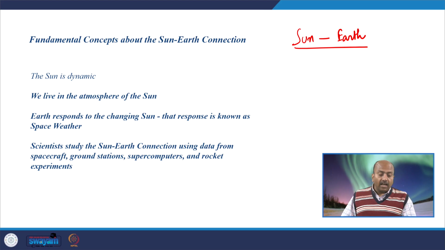The Sun is a dynamic star and we actually live in the atmosphere of the Sun. Earth responds to the changing Sun, and that response is known as space weather, which refers to the dynamic conditions in near Earth space, or geospace. We can understand this connection through the observations of many satellites, which continuously monitor the geospace.